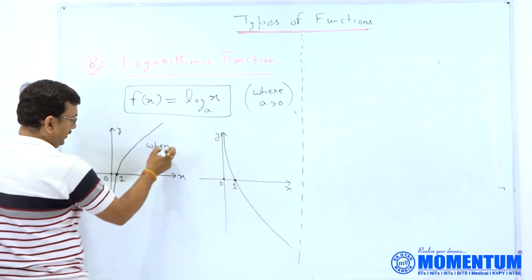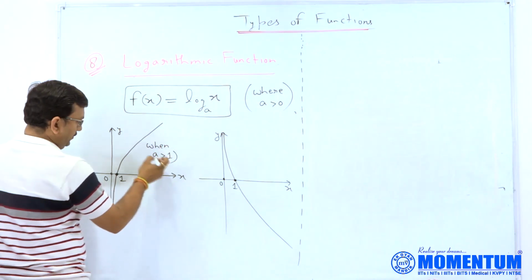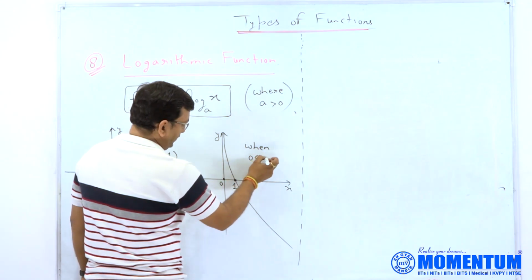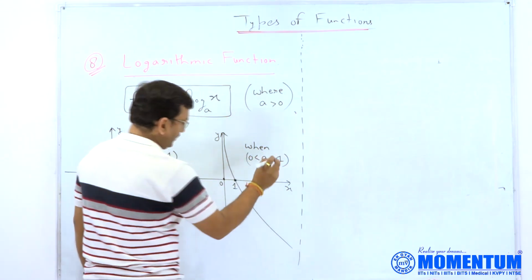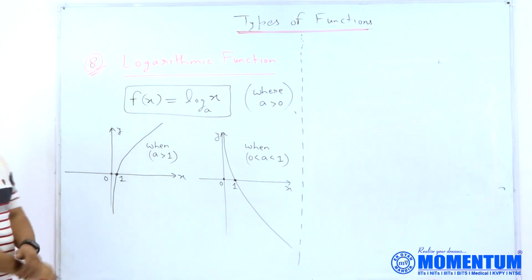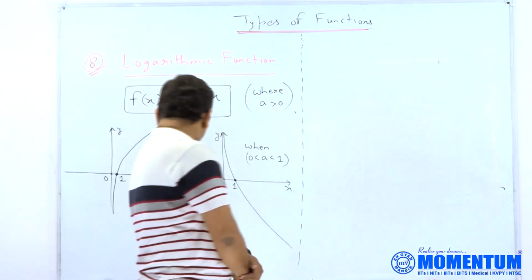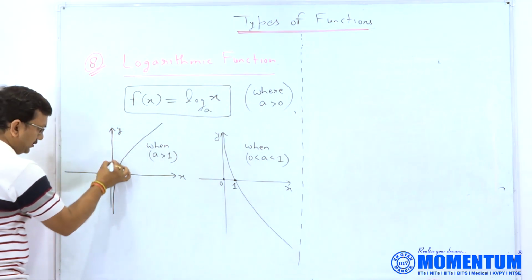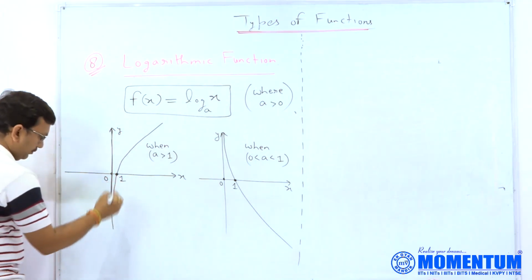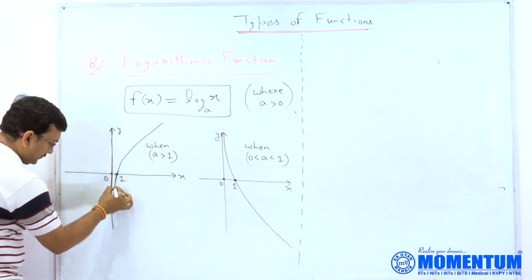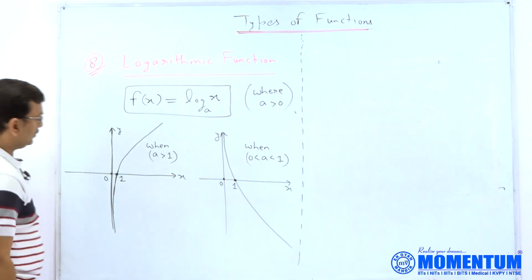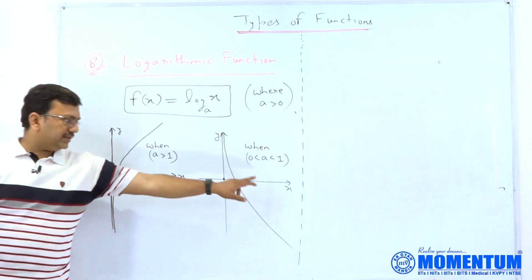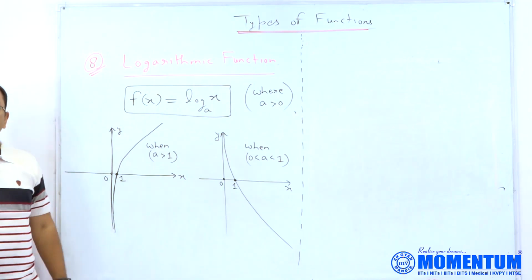First one when a is greater than 1. Second one when base is less than 1. So in case of logarithmic function, there are two diagrams depending on base: base less than 1 and base greater than 1.